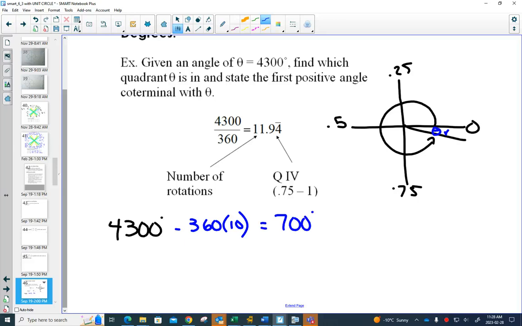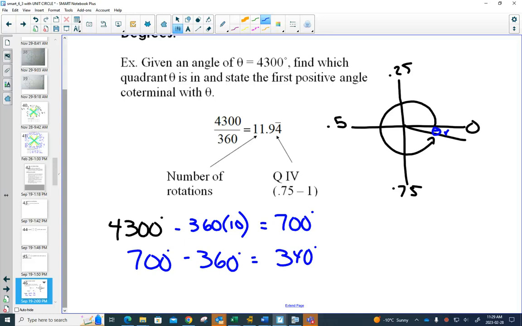So I know that 4,300 degrees is coterminal, ends in the same place, as 700 degrees. Then I'd subtract another 360. For me, that would be the easiest way to get that it's coterminal with 340 degrees without a calculator.